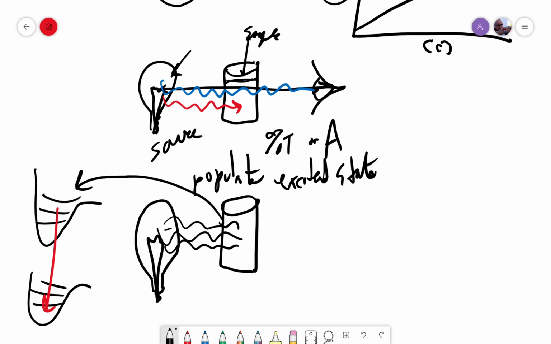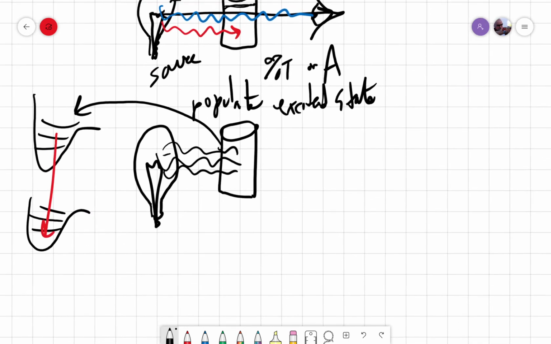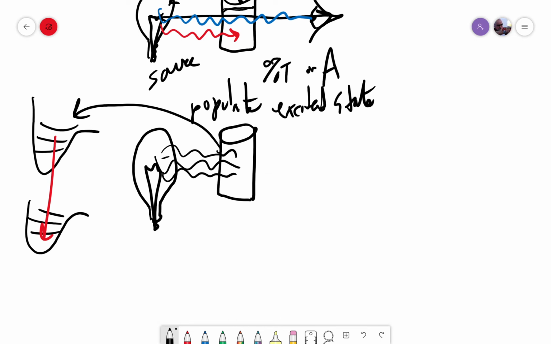The only purpose of the source in fluorescence is to put everything into the excited state. And then, a few microseconds later, it's going to fluoresce.